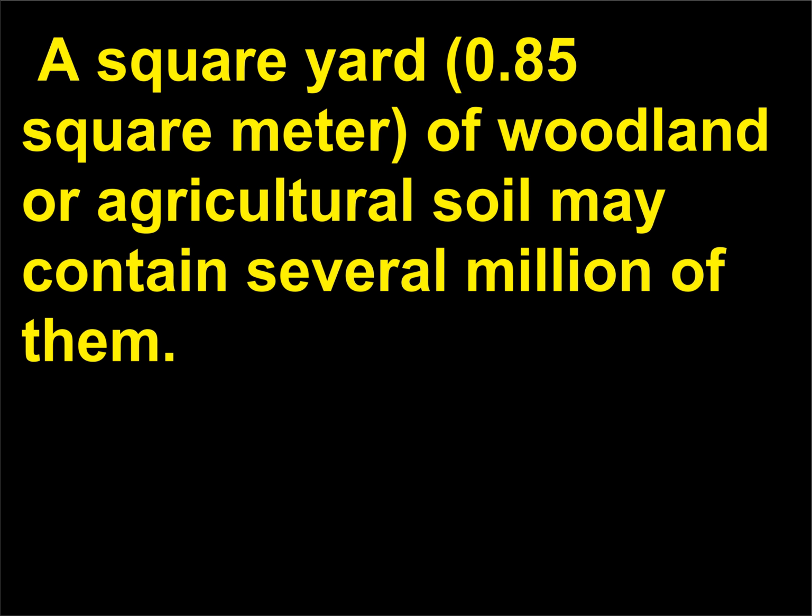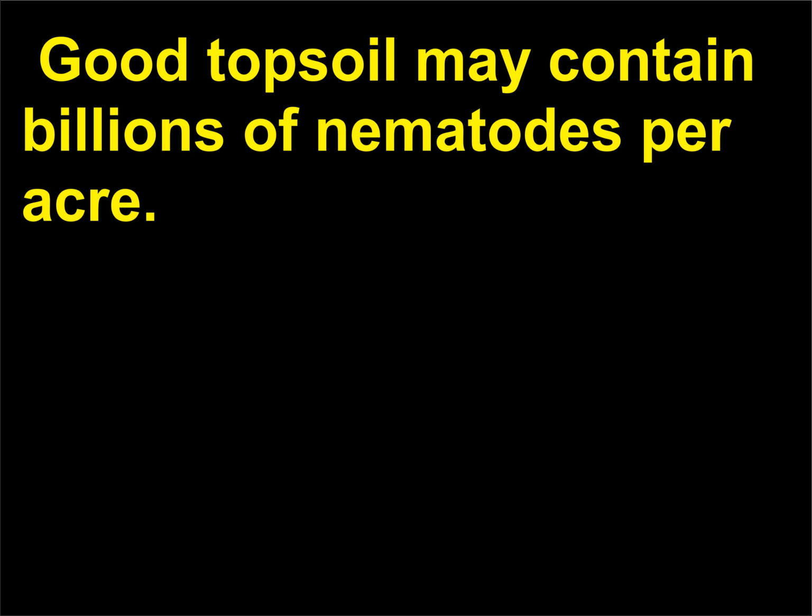A square yard, 0.85 square meter, of woodland or agricultural soil may contain several million of them. Good topsoil may contain billions of nematodes per acre.